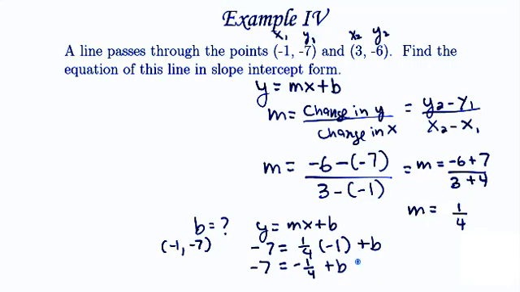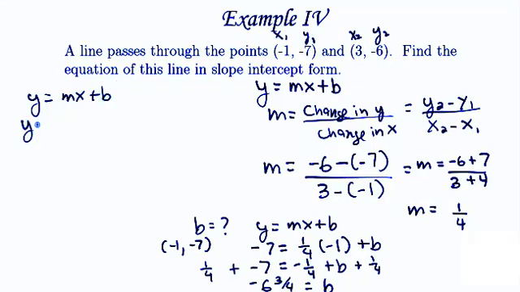To isolate b, I'm going to add 1/4 to both sides of the equation, which will give me negative 6 3/4 equals b. Now, I can finally write the equation describing this line, y equals mx plus b, in slope-intercept form. Y equals the slope, which is 1/4, x, plus b, which is negative 6 3/4.